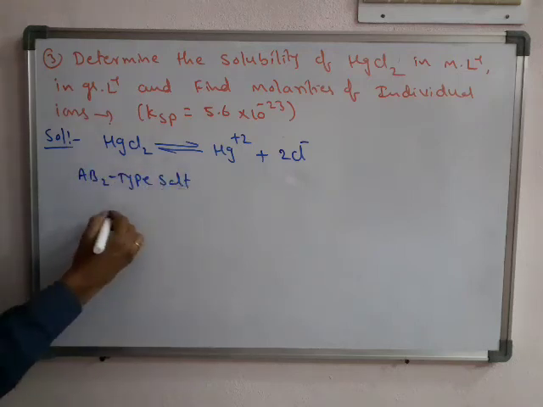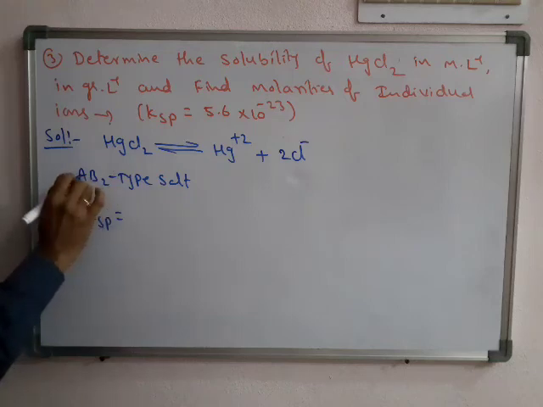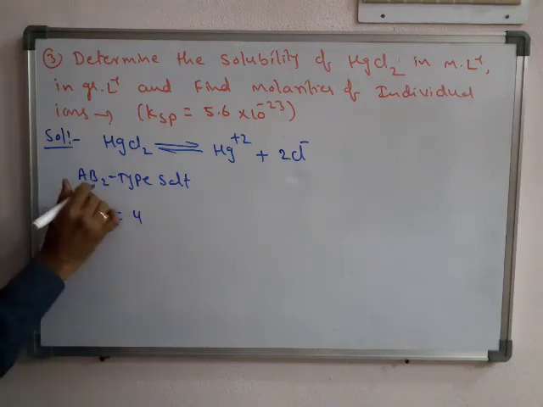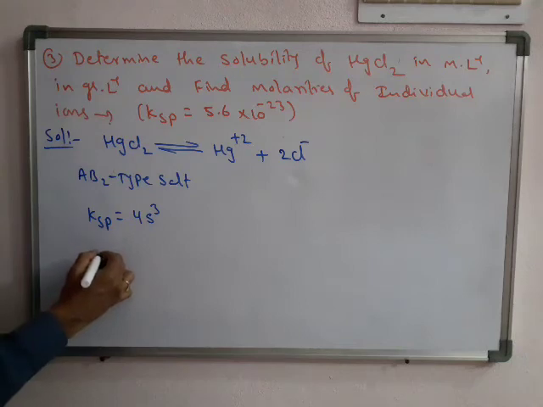So AB2 type salt. Therefore, what is the Ksp? Ksp equals 1 power 1, 2 power 2, which becomes 4, and s power 1 plus 2, that becomes 4s cube. So how much Ksp is given?